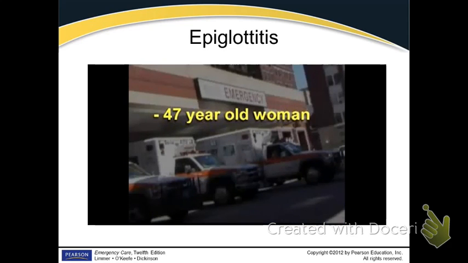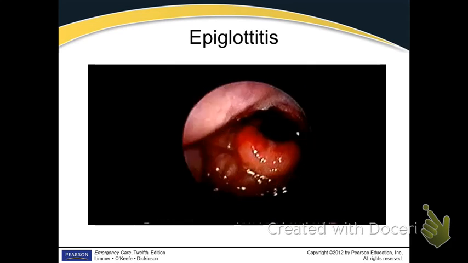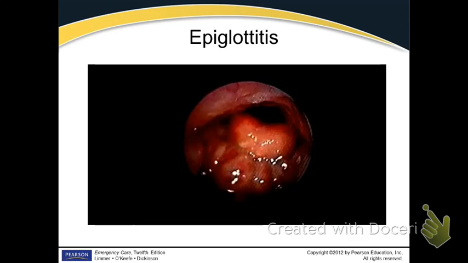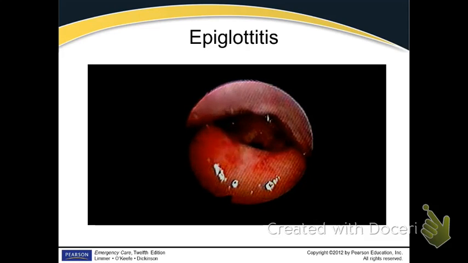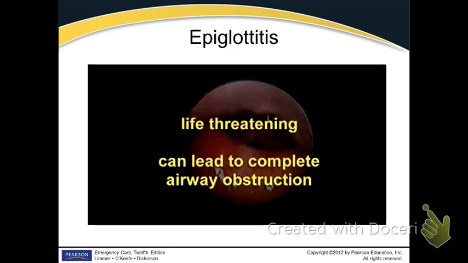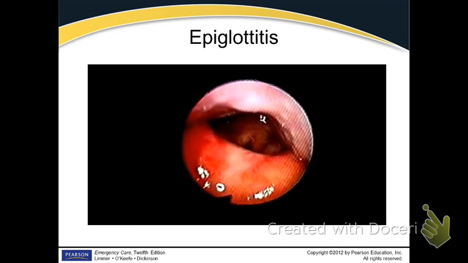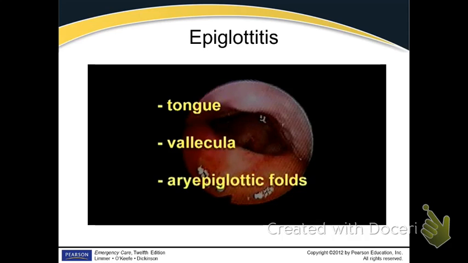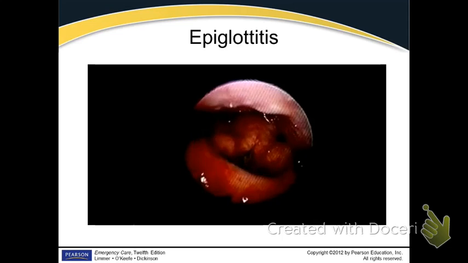A 47-year-old woman came to the emergency room complaining of a sore throat, fever, and difficulty swallowing. Urgent otolaryngology and anesthesia consults were requested. Fiber optic examination of the larynx confirmed our suspicion of epiglottitis. Notice the swelling and inflammation of the epiglottis and surrounding tissues. The epiglottis is reddened and has become rounded. Epiglottitis is a life-threatening condition that can quickly and unpredictably lead to complete airway obstruction. Epiglottitis can occur in any age group. Frequently, there is inflammation of the surrounding tissues, including the tongue, vallecula, and epiglottic folds. This has led some to call it supraglottitis, which better describes the disease process.